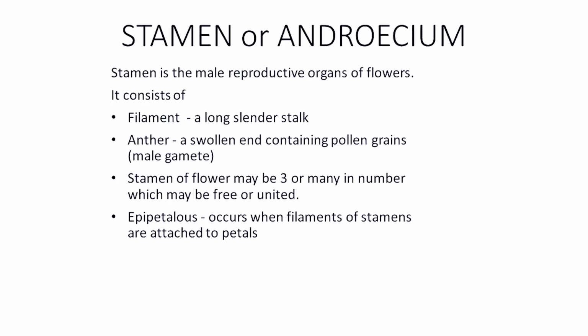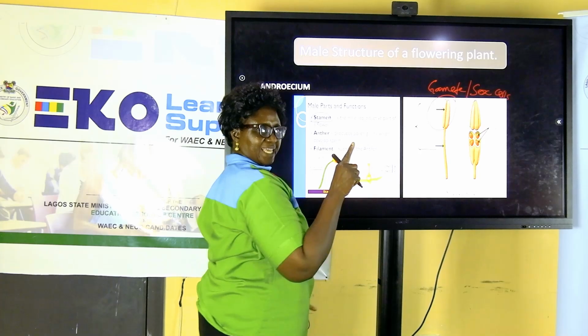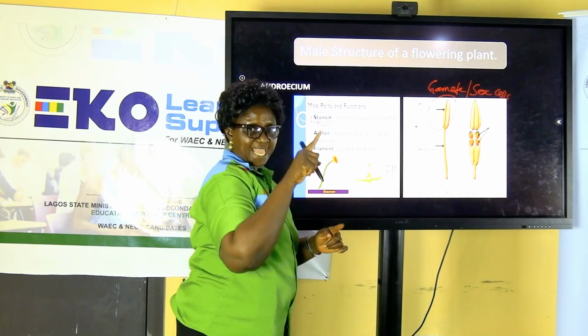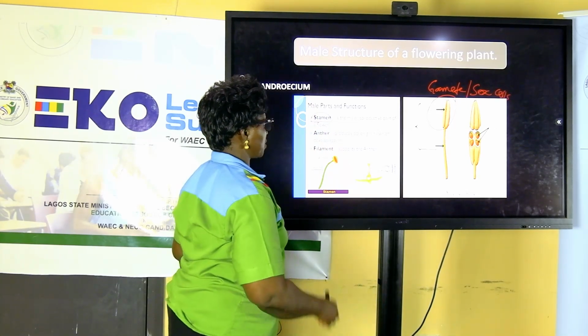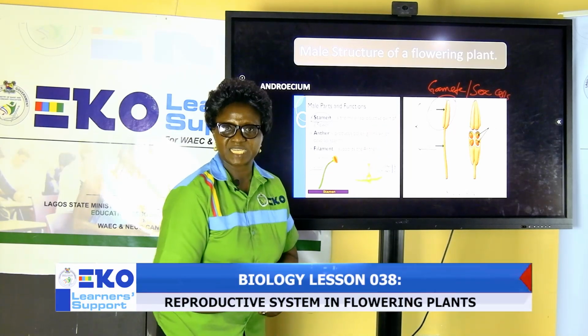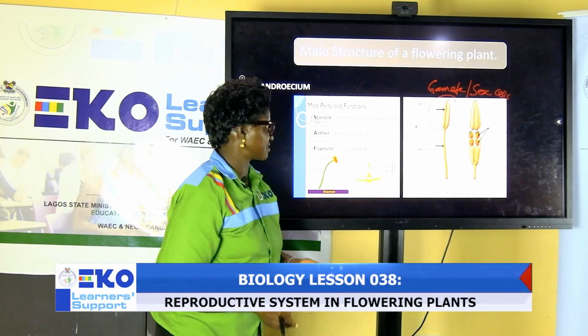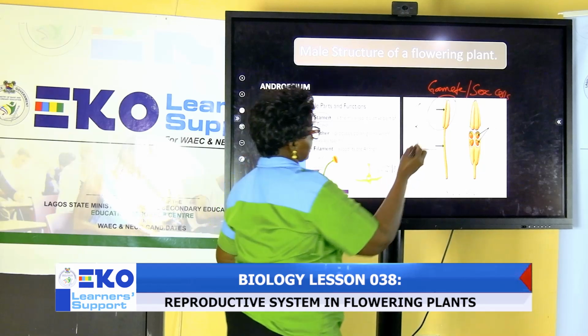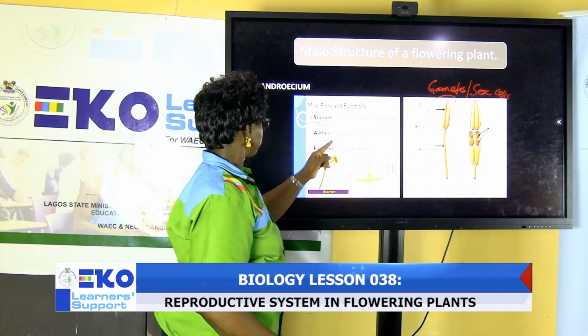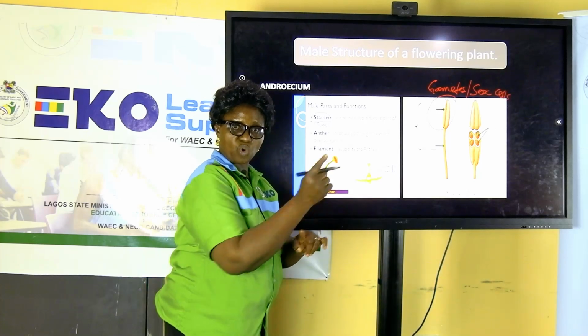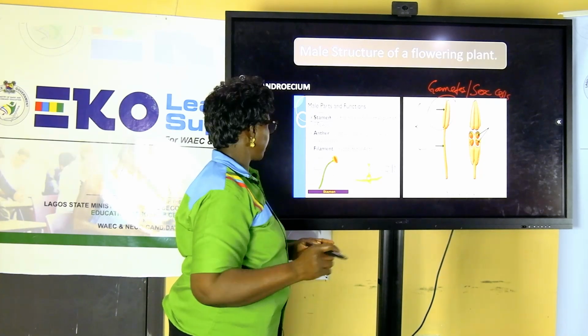Here we can see the female part and the male part. You will see the male part, the anther and the filament, like a line or a thread. The anther, what does it do? It produces pollen grains, which I refer to as the gametes or the sex cells, which are required to fertilize the female gametes.